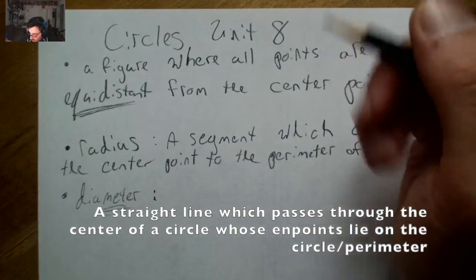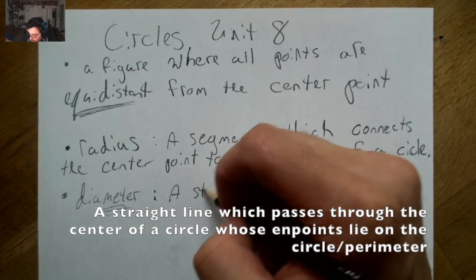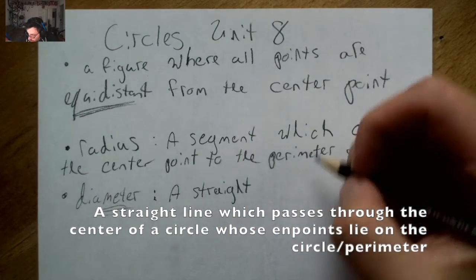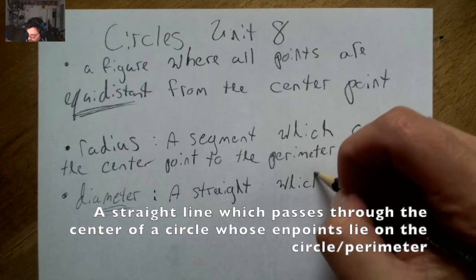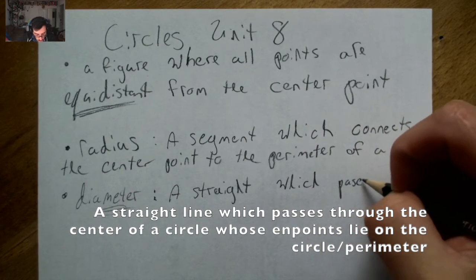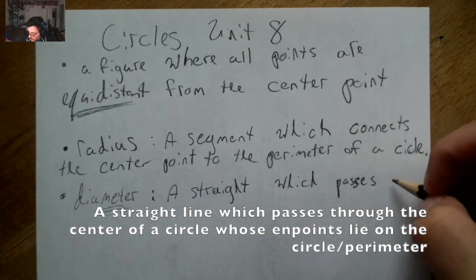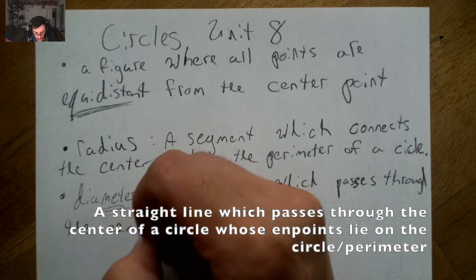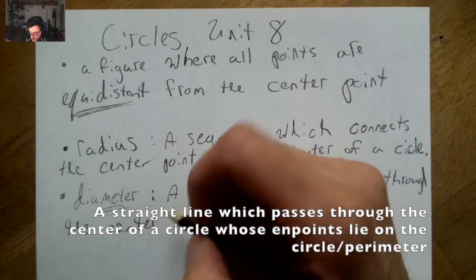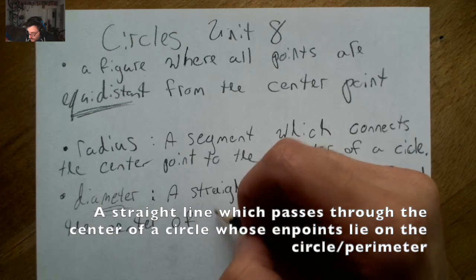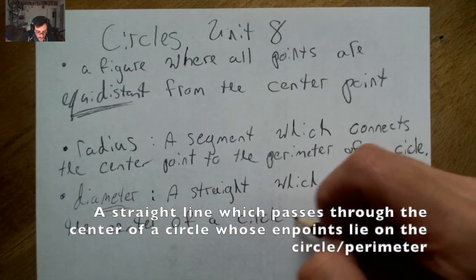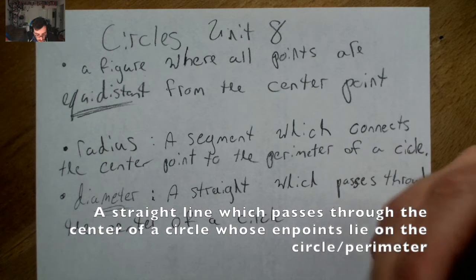I'm going to say a straight line which passes through the center point, and when it passes through the center point, it's going to end up hitting all the endpoints on the opposite side.